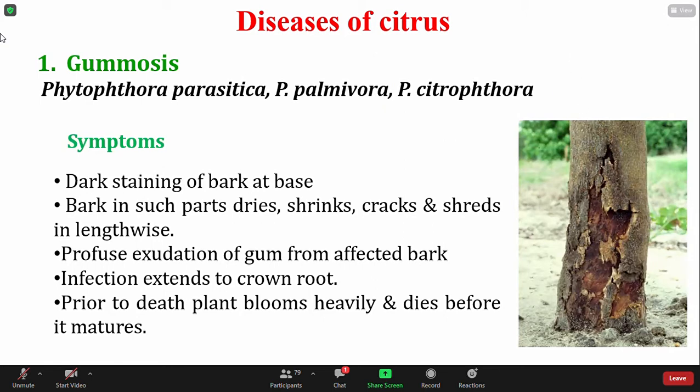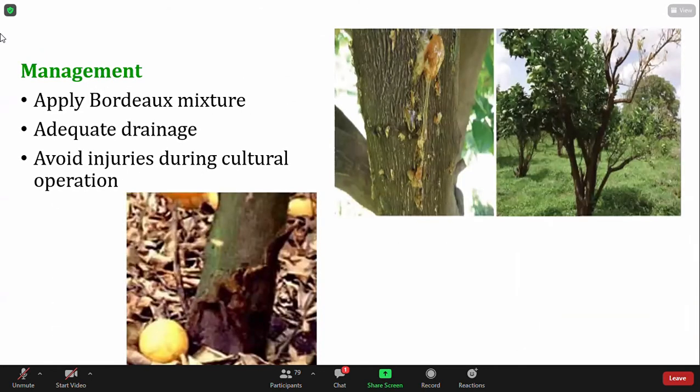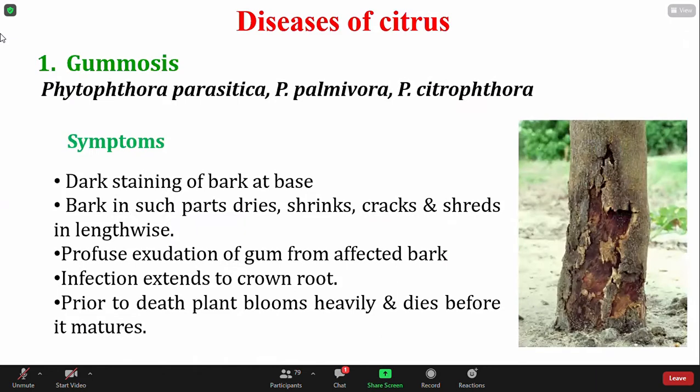The continuous exudation of gum can be observed from the affected bark. The infection extends to the crown root. Crown root, do you know what is crown root? You have to refer, right? You are not responding, so you have to refer.